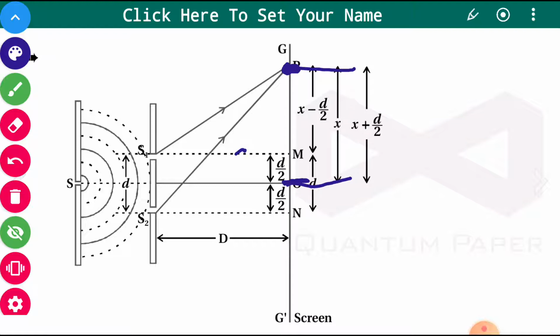If you consider this much as d by 2, then this PM will be x minus d by 2. This can be understood easily.